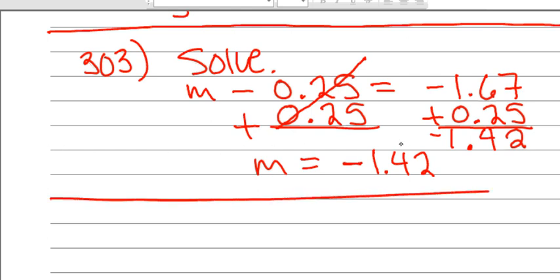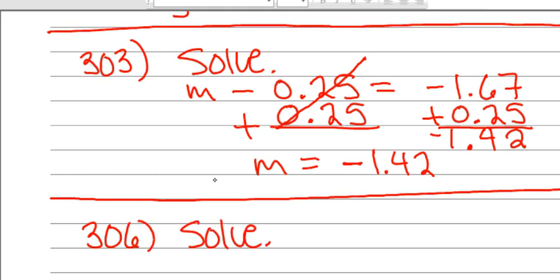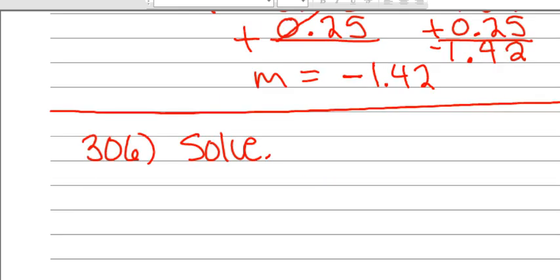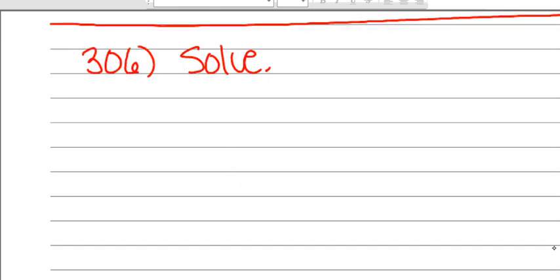Okay, let's go a little harder. Let's go to the division. This is 306. 0.4 times p is equal to 9.2.